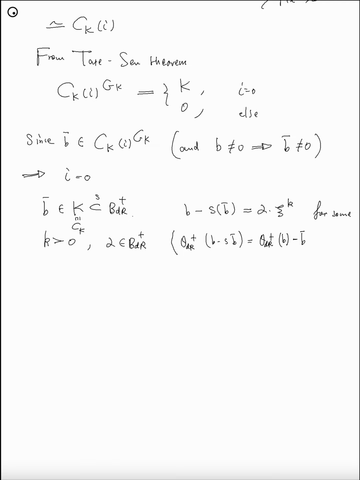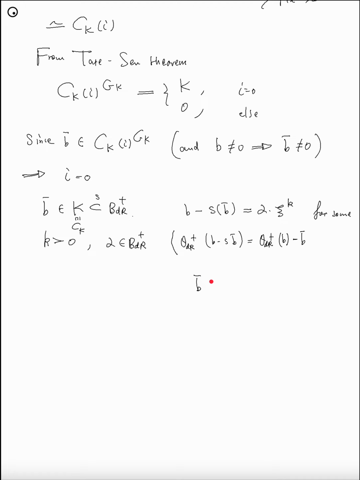And what is this theta_dR plus of b? What's the relation of b and b bar? So actually b bar is its quotient by some maximal ideal, right?